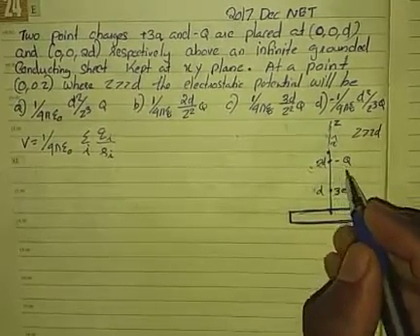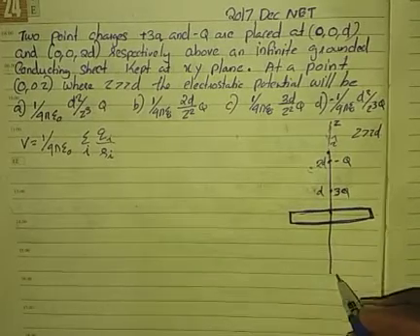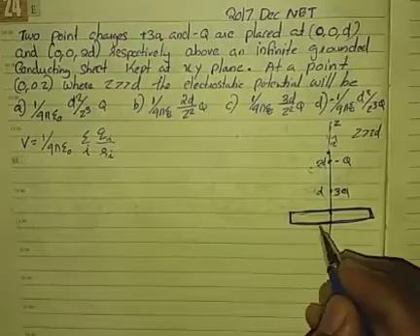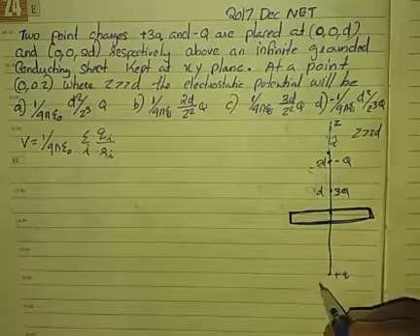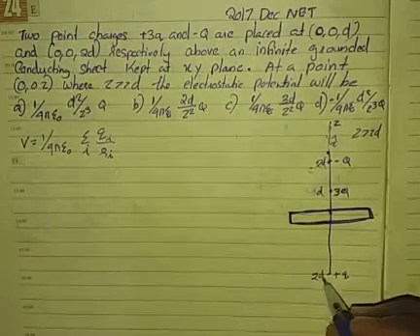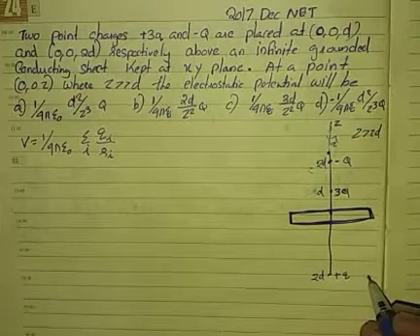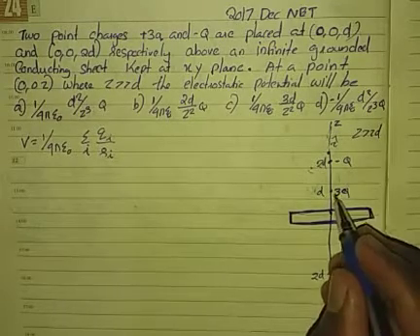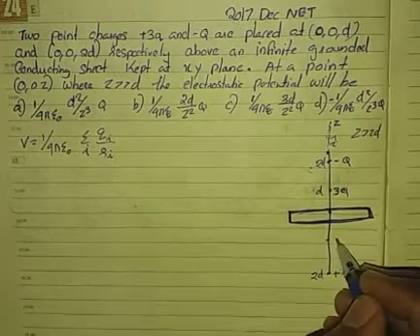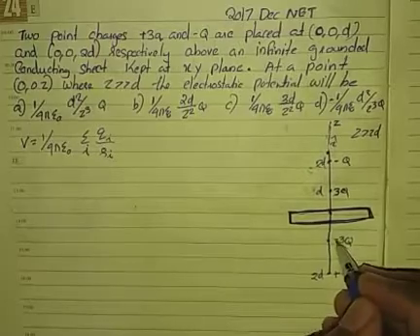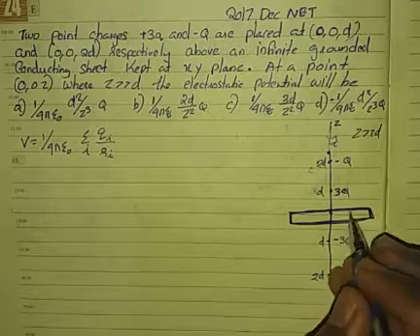So for that, I'm going to assume that there is a charge plus Q below the plate, at a distance minus 2D along the z axis, and then there is a minus 3Q charge at minus D. And so our system is now complete.